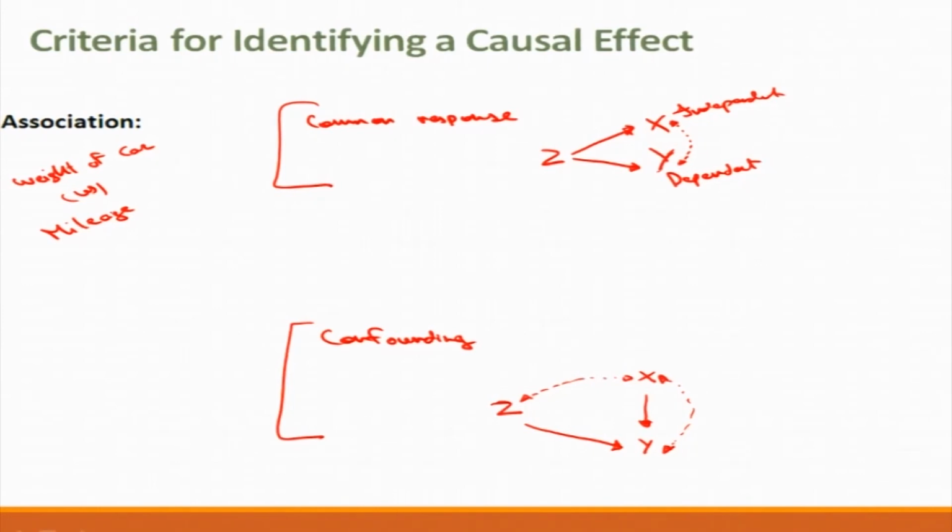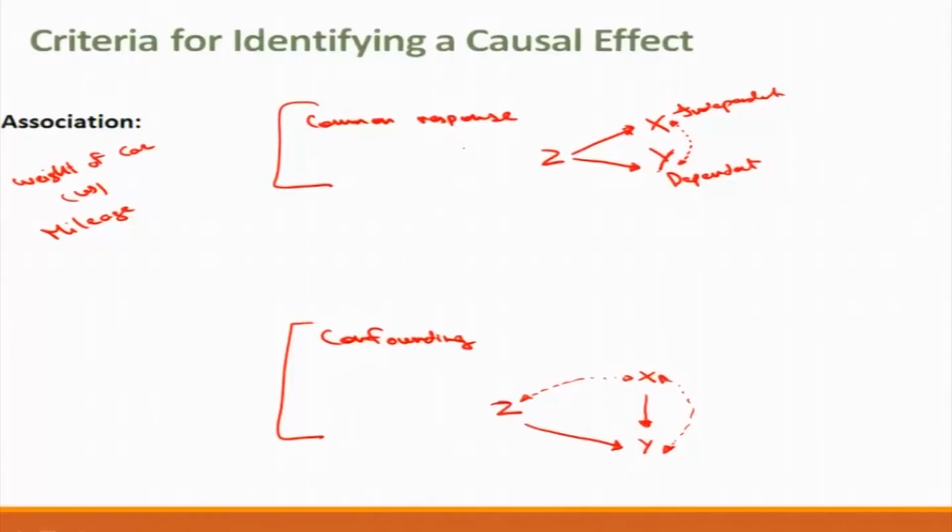The simple causal effect would be: the higher the weight, the lower the mileage. The more weight there is, the more energy would be used to pull the car. So that is a simple causal relationship.